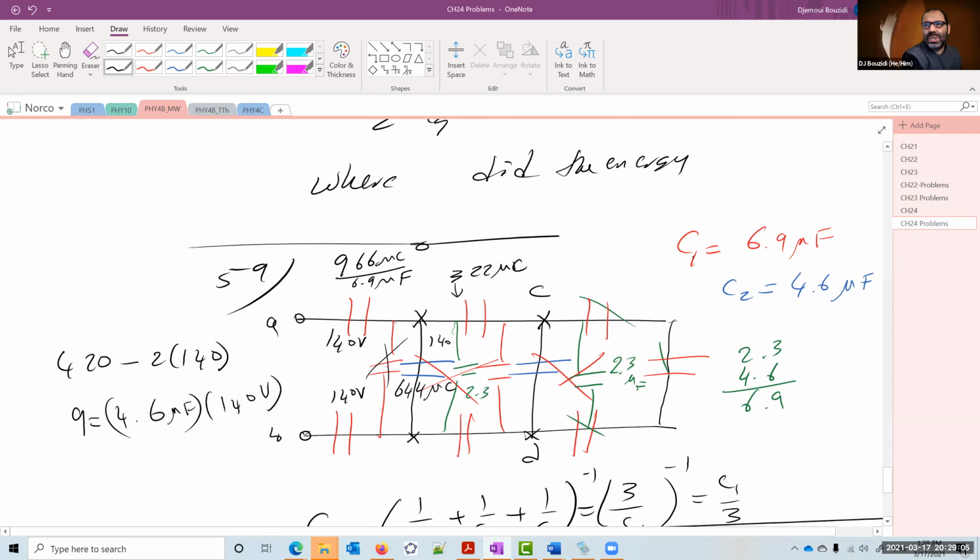I know the capacitance, which is C1. Q divided by this capacitance should be the voltage. So 322 divided by 6.9. So it's 47 volts. So 47 volts is in here, and 47 volts is in here.